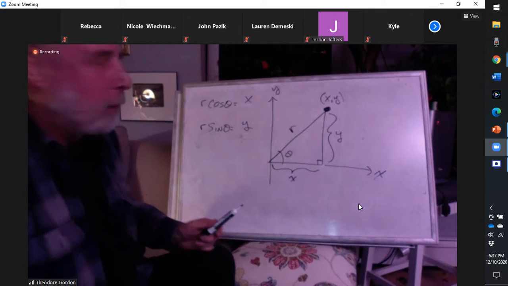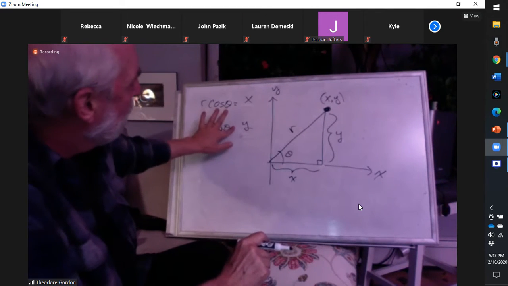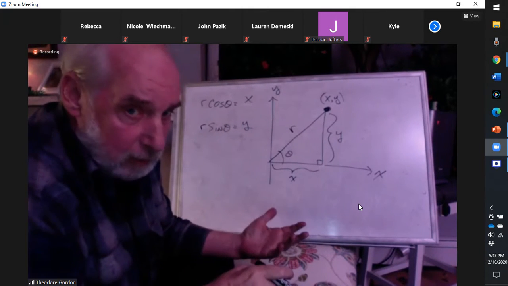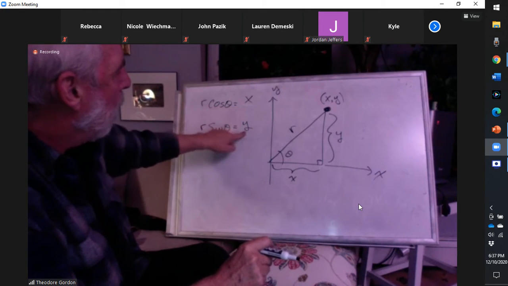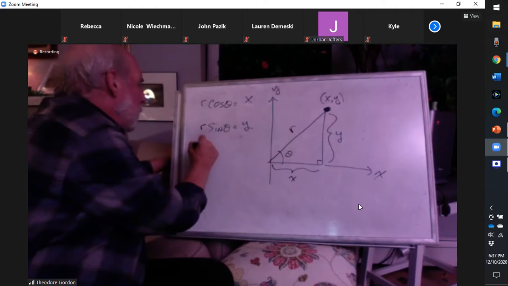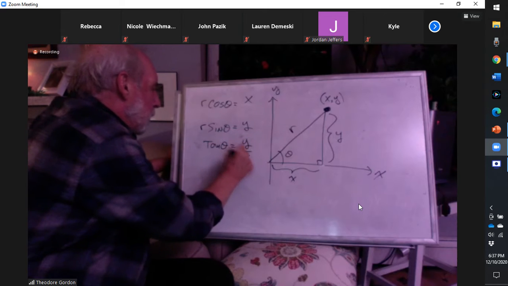Hold on a second. So now we see we can think of these two equations as little translation machines. If we know the x value and the y value, we can figure these out. We also know that the tangent of theta is equal to y over x.